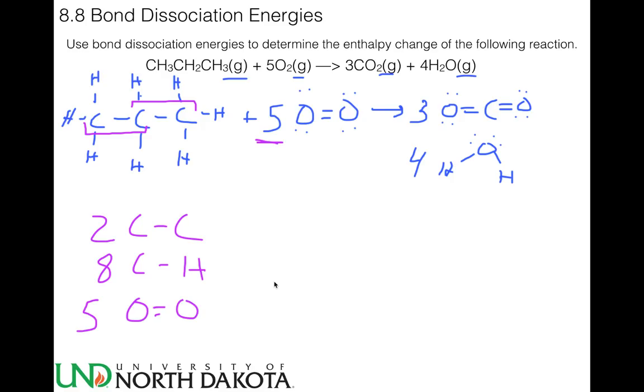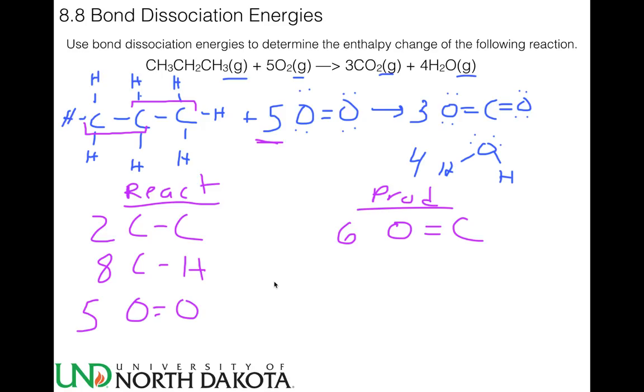So here we're counting up how many of each type of bond we have. And we have to multiply how many of that type of bond by the bond dissociation energy when calculating the delta H of the reaction. These are our reactants. On our products, we have 3 moles of carbon dioxide. Every one has 2 carbon-oxygen double bonds, and so that 2 times 3 is 6 total carbon-oxygen double bonds.